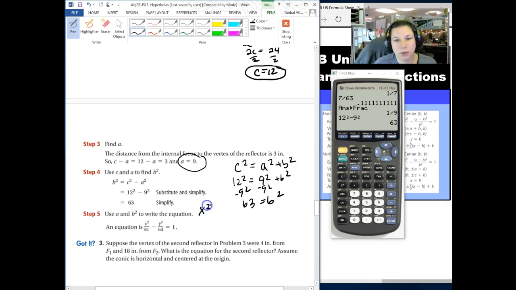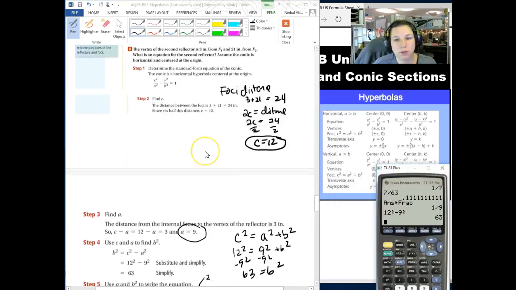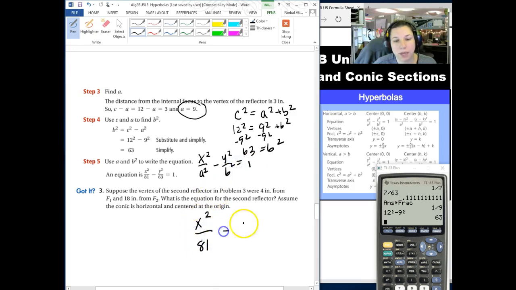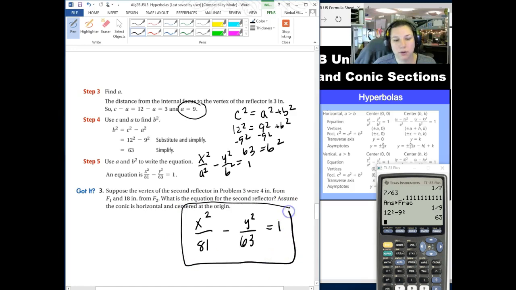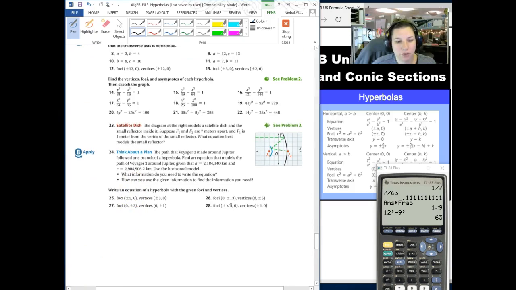So we have x squared, we said this was horizontal. So x squared over a squared minus y squared over b squared equals 1. So a was 9, so a squared is going to be 81. b squared we found was 63. So you can write your equation there. Some more for you to try. And again, reach out if you need anything.